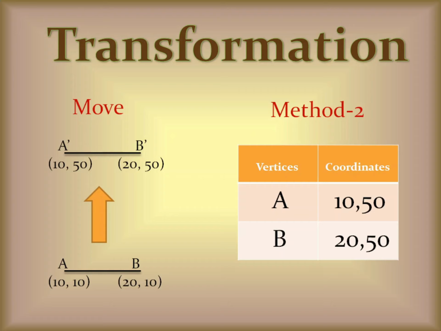So here you can see the new position coordinates (10, 50) for A and (20, 50) for B stored in the database. This method doesn't erase or redraw anything. Based on the data in the database, the screen shows the line in the new position. This is the better method and is employed in the transformation of objects in any CAD software.